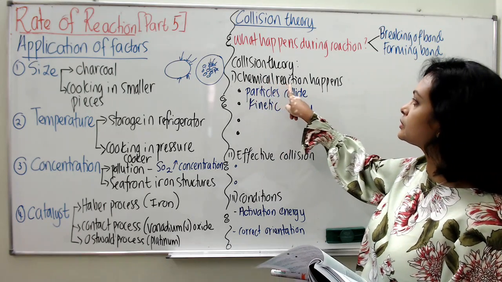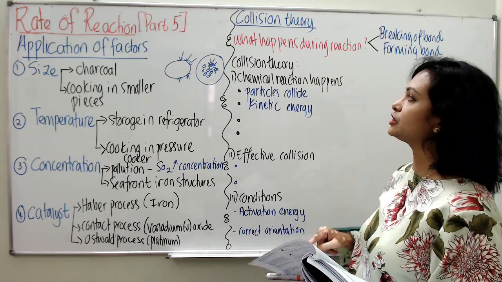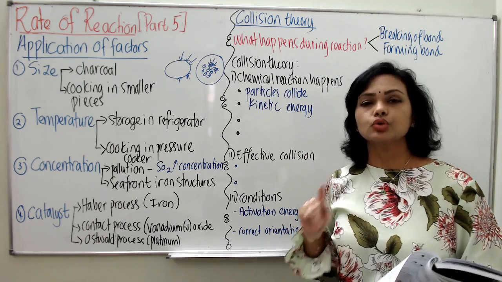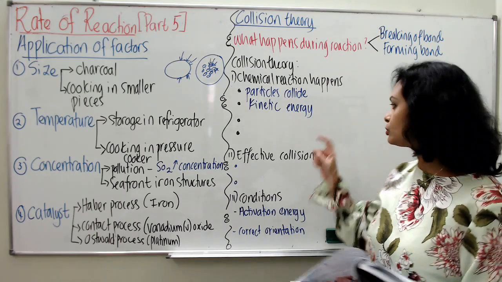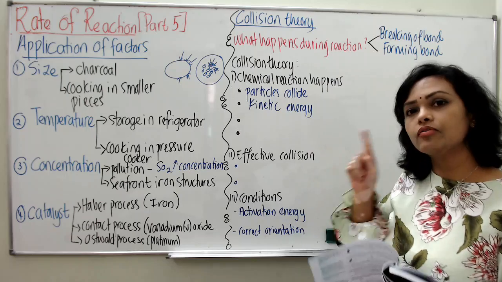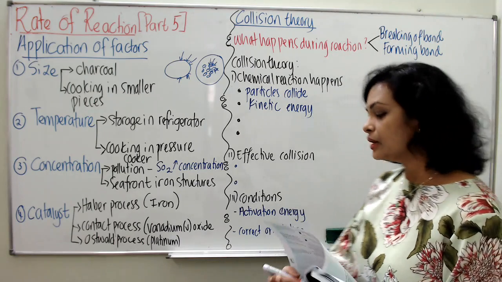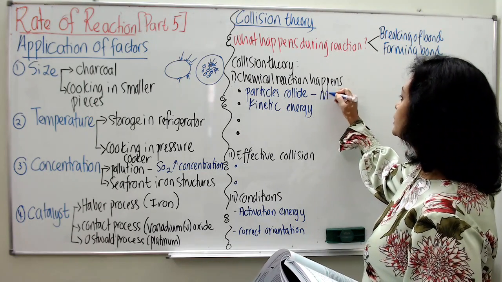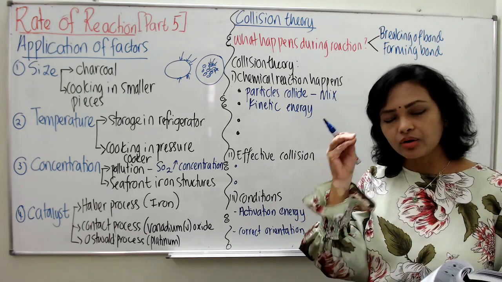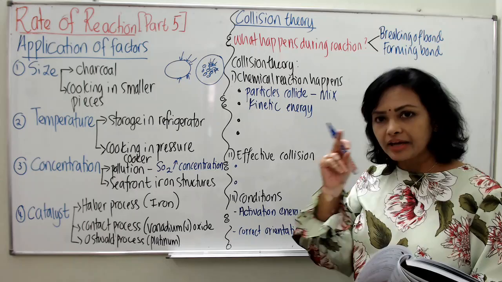Collision theory says that for a chemical reaction to happen, the particles must collide. So this is what I mean by, remember just now teacher drew the beaker A and beaker B. So they must collide. In order for them to collide, you must mix them. So you have to make sure the particles collide with each other.